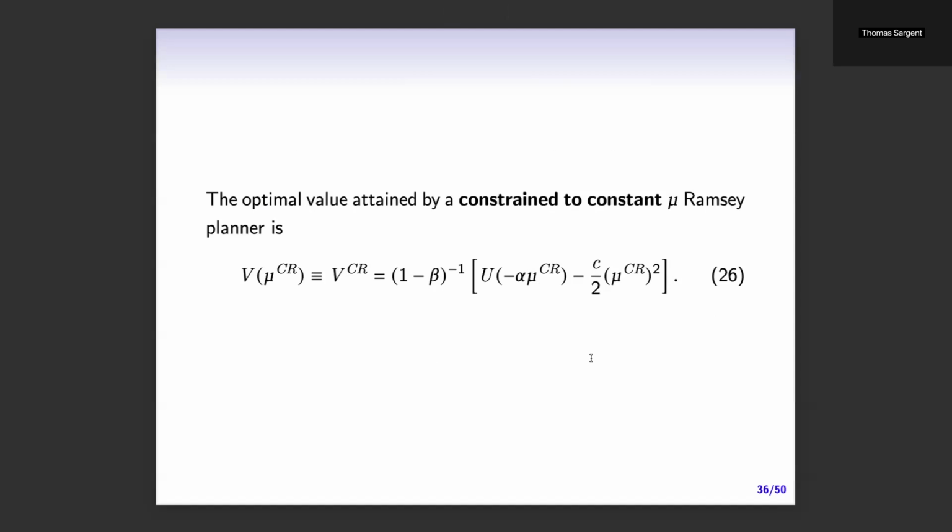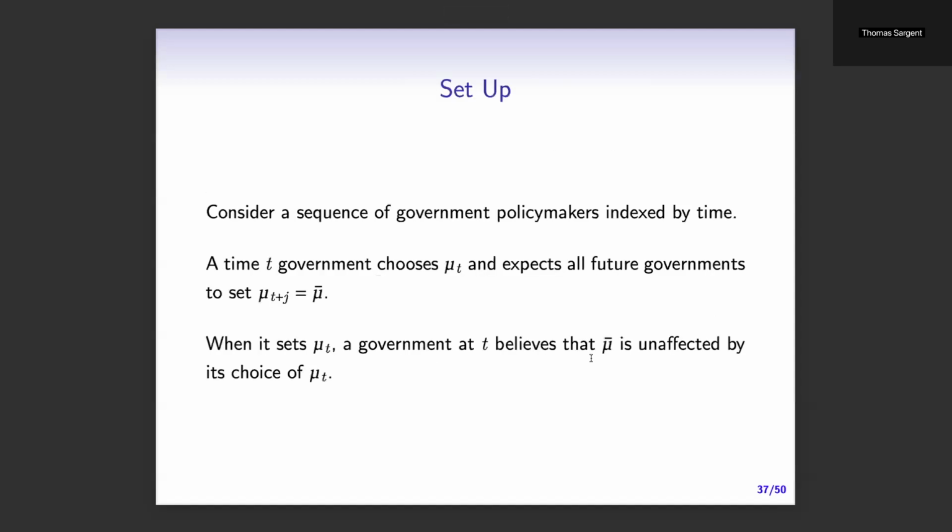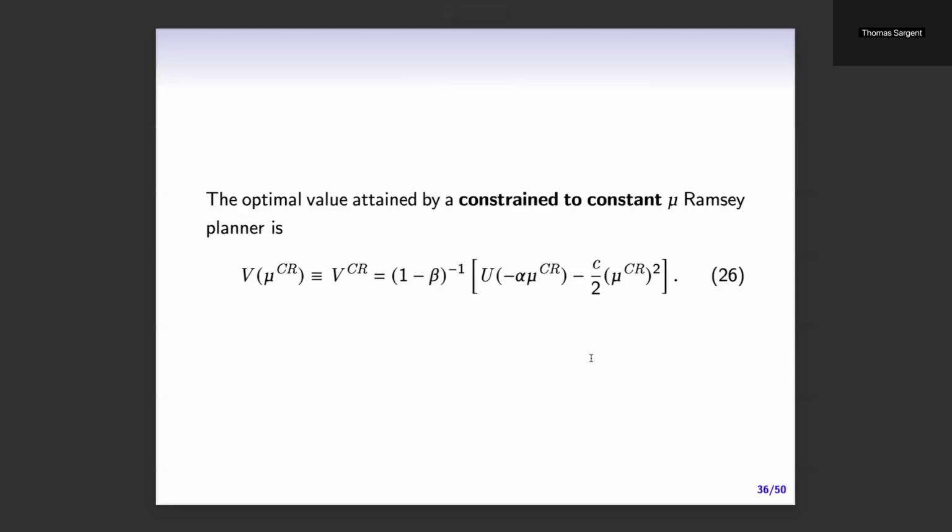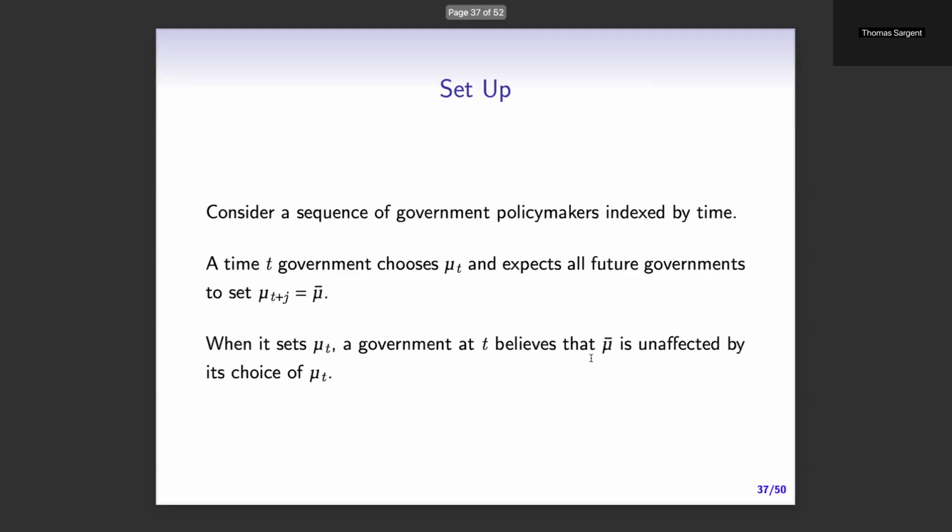There's no time inconsistency, or we forced there to be no time variation. So here's another way people, in effect, force it. It's an alternative way. And you should ask, is it a better way or a worse way? And you should ask, what do I mean by better or worse? So the setup is Markov perfect. There's going to be a sequence of policymakers indexed by time.